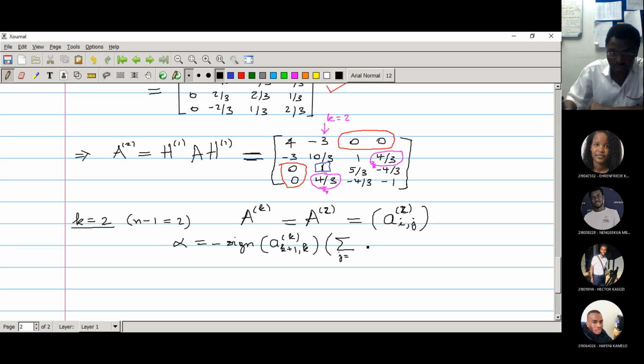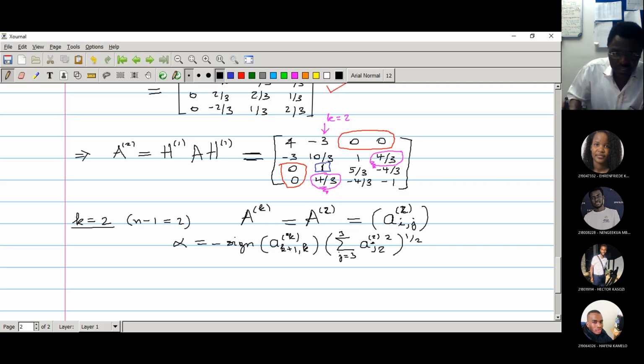square. So we take A, that is 2, A to J, the same J here. Here's K plus 1, that's 3 to 3, right? And now we have J and then the column, which is 2. We square it and we take the square root. So this square and then square root of that.